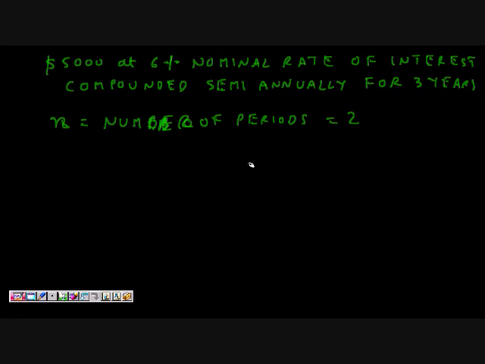Also, the 6% interest is on a yearly basis. So if you are calculating interest every 6 months, the interest rate will be r divided by n, where r is the rate of interest, or in this case 6% divided by 2, which is 3%.